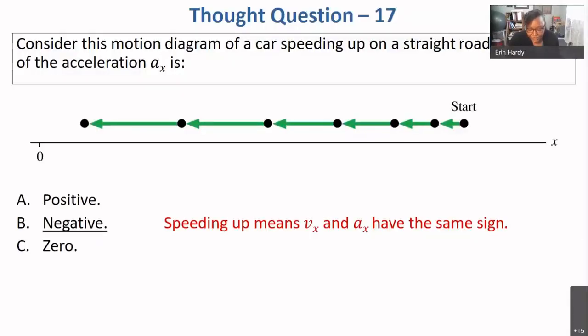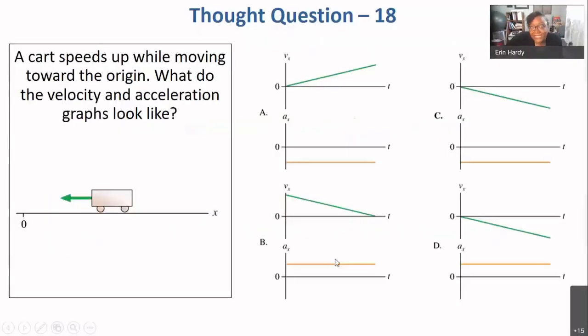If I told you that a car was increasing its speed by 5 miles per hour every second, and then asked you how quickly the car was moving after 10 seconds, you would need to know how quickly it was moving at the beginning of the interval to answer that question. So that's an example of why knowing the acceleration with nothing else is not enough to tell you whether the object is speeding up or slowing down. So likewise, negative velocities don't always mean slowing down.